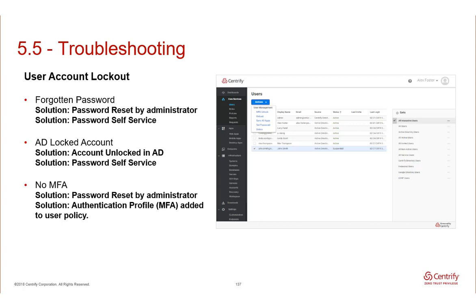In the account lockout situation, you can use the account unlock in Active Directory or password self-service to unlock the account. And in the case of no MFA, a password reset may be required by the administrator, and authentication profile challenges must be completed by the user once the account is unlocked to prevent this from happening in the future.